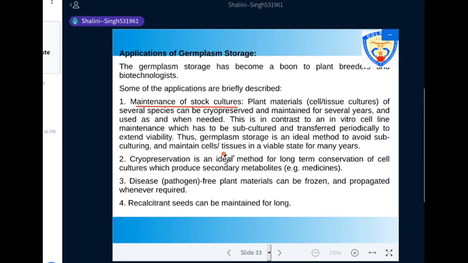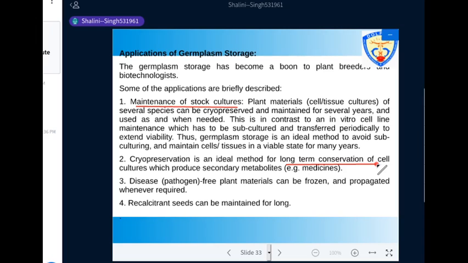Here, there is no need for subculturing. So, germplasm storage is an ideal method to avoid subculturing and maintain cells or tissues in a viable state for many years. Cryopreservation is an ideal method for long-term conservation of cell cultures which produce secondary metabolites which are used in various sectors by humans.